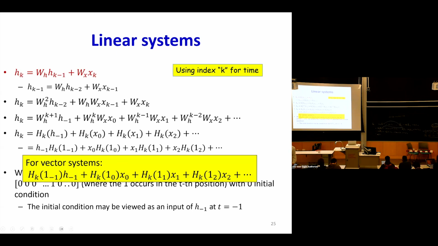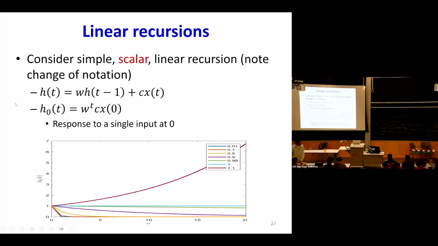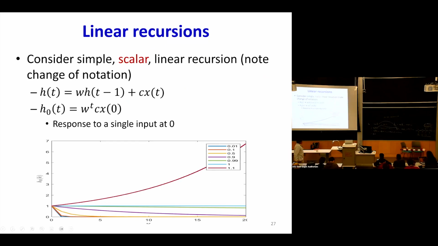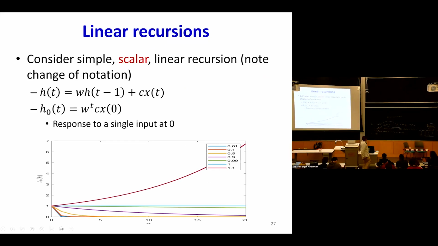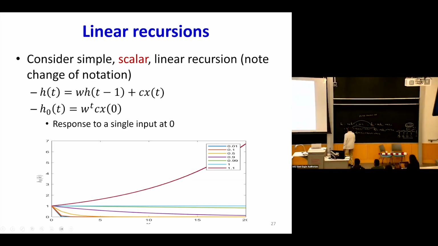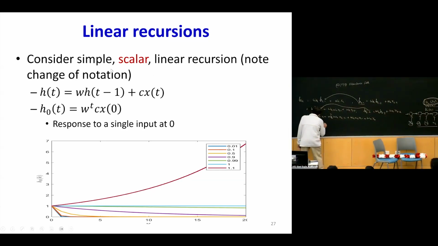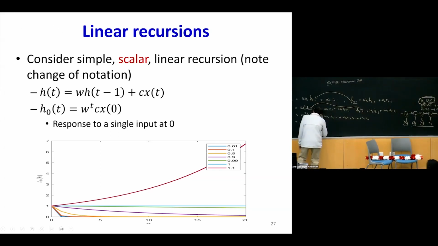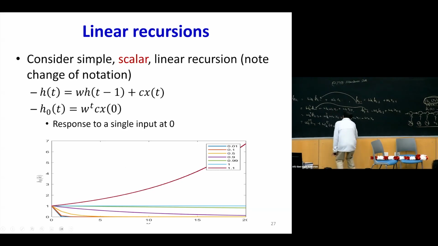The weights are now weight matrices. I can look at a single vector of all ones at time 0 and try to analyze how it responds. If that blows up, then everything's going to blow up. Now, let's look at the scalar problem over here. If the whole thing were a scalar, then h of minus 1, plus wh raised to t, wx x0, plus wh raised to t minus 1, wx x1, and so on.